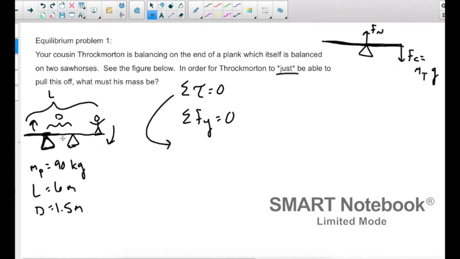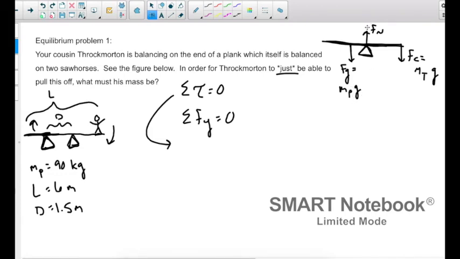The very middle of the plank. And based on my diagram here, this is the right sawhorse, which is to the right of the middle of the plank. So I know that the middle of the plank is like right here. So here is going to be the force of gravity acting on the plank, which is mass of the plank times little g. All right.